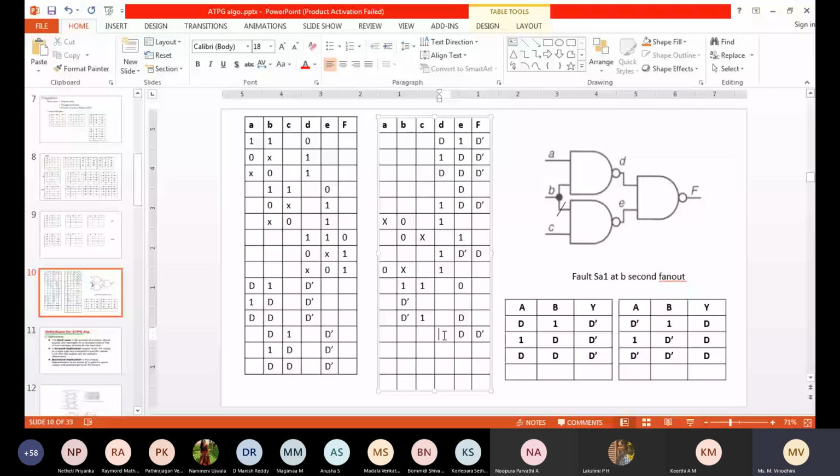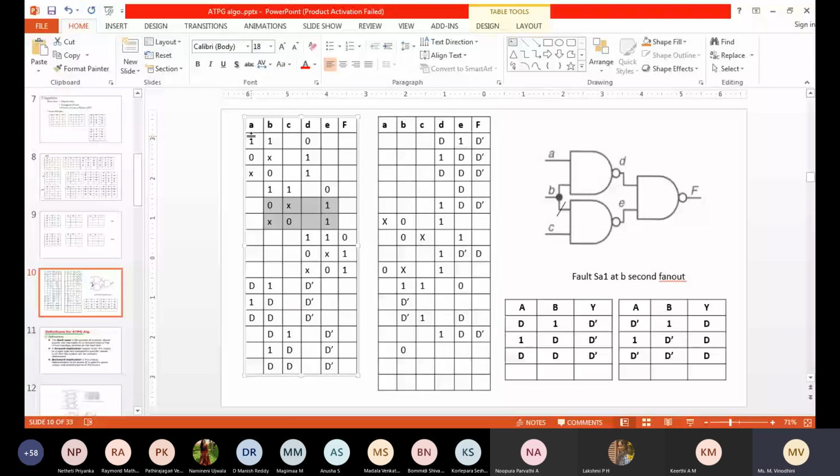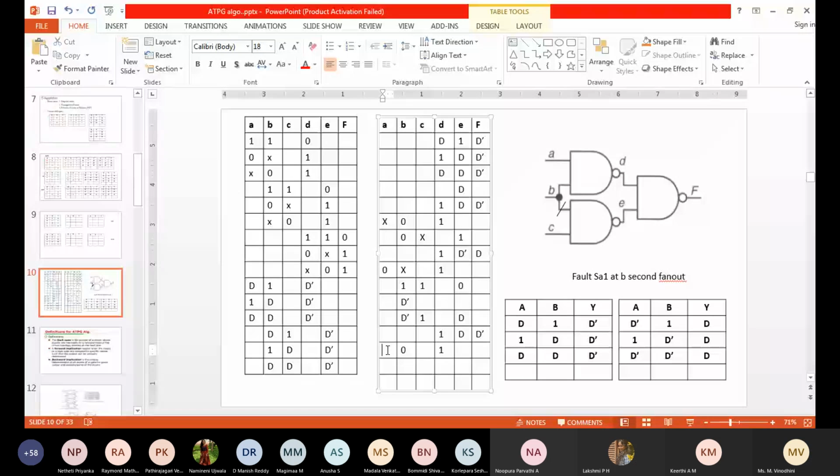Since it is activated, B is fixed. First D1, then I can get D1. Zero, 1.